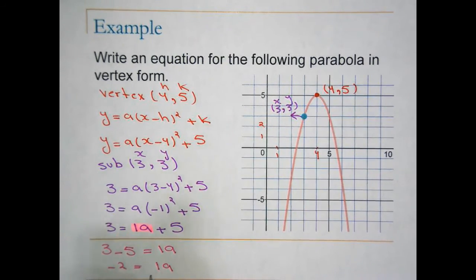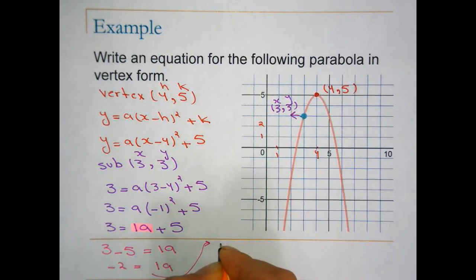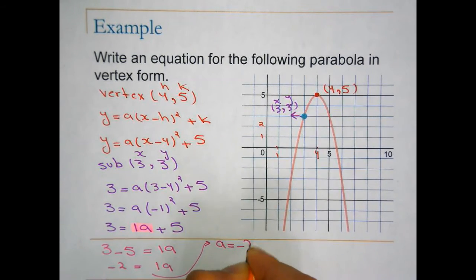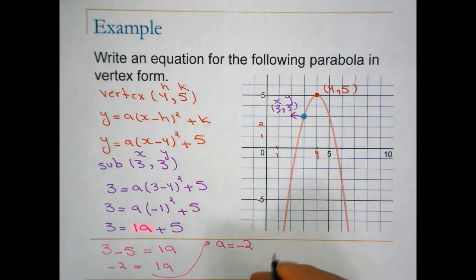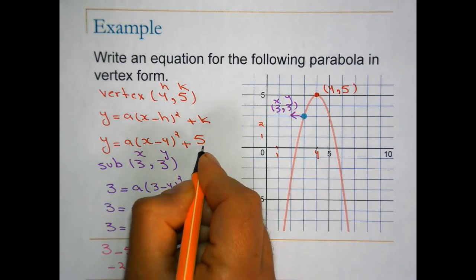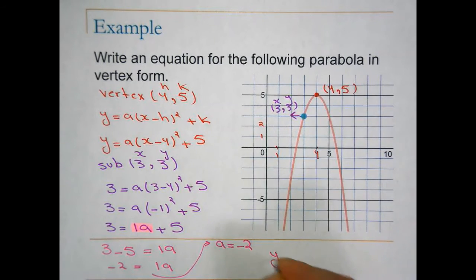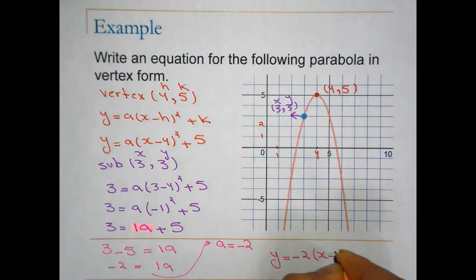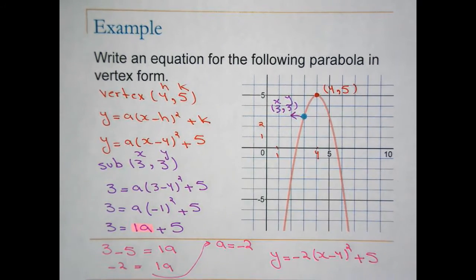And then 1a is the same as a. So a will be negative 2. And now we are going to sub this in our equation and write the final answer. y equals negative 2 times x minus 4 squared plus 5.